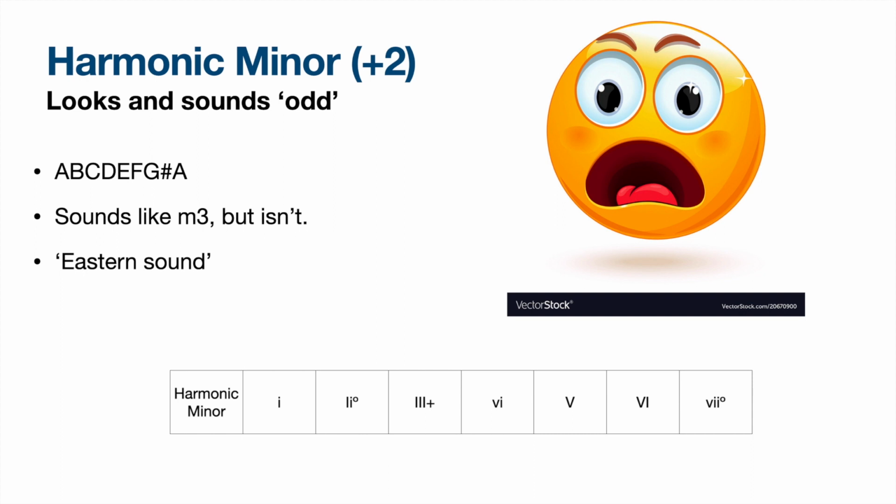If you're playing along on written music and you see an augmented second, I've been playing for 30 years, and when you see it, you do a double take because it's just not an interval you usually see. It sounds odd. It sounds like a minor third, but it isn't, and it gives you sort of an Eastern sound.